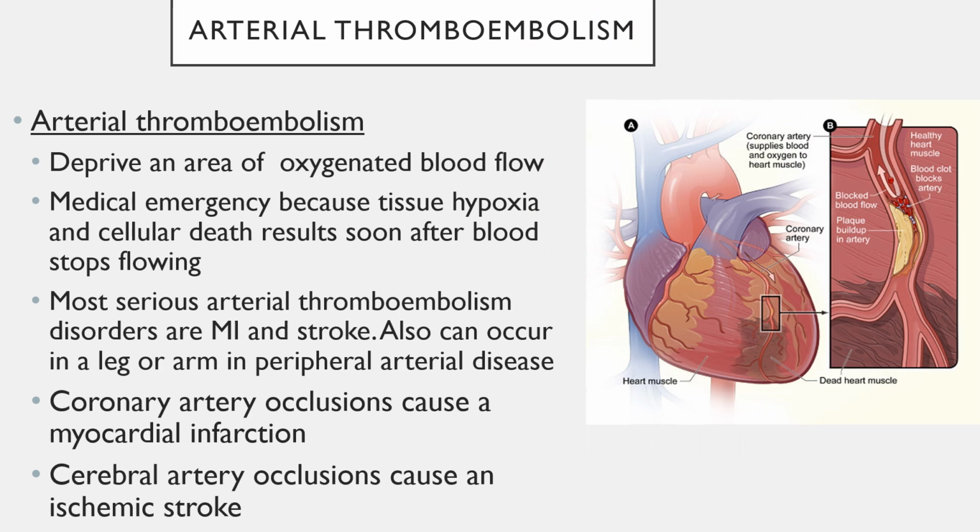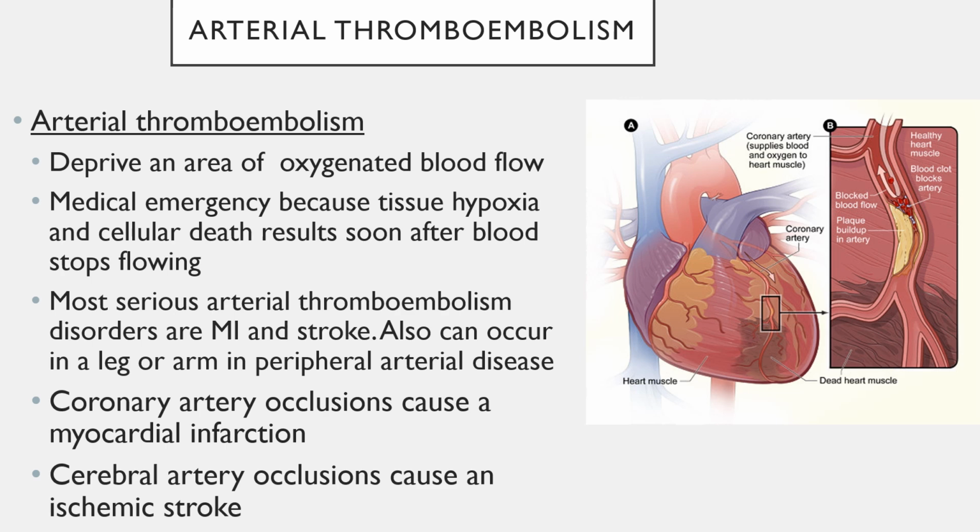All right, so when we're now thinking on the arterial side, we're thinking of arteries that are feeding different organs. So arteries feed all the tissue in your system. So a blocked artery to the heart can result in a heart attack.